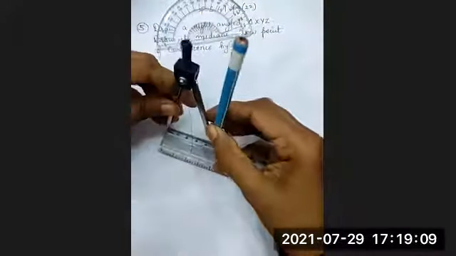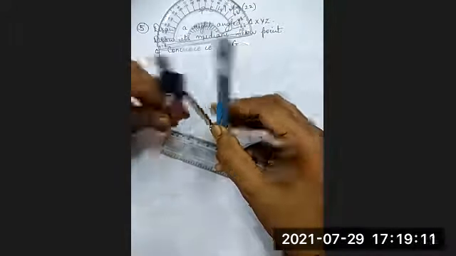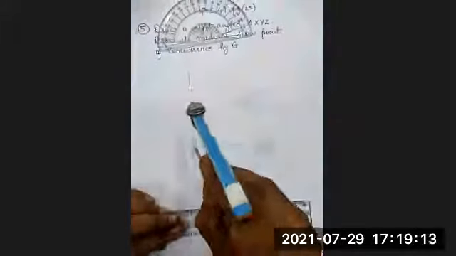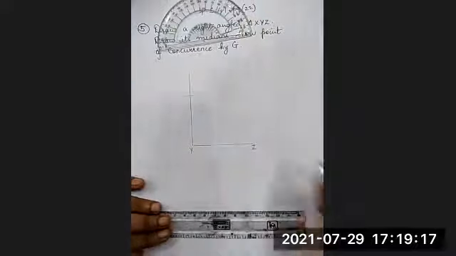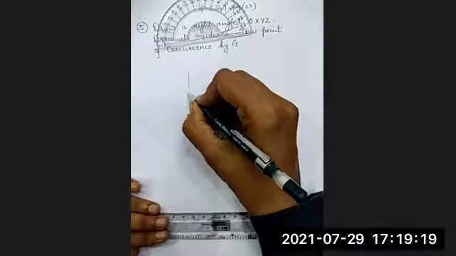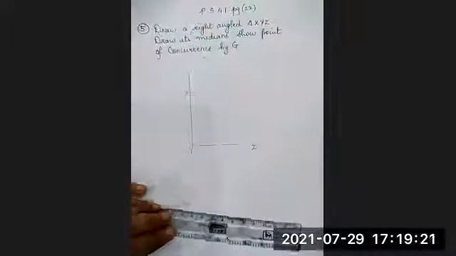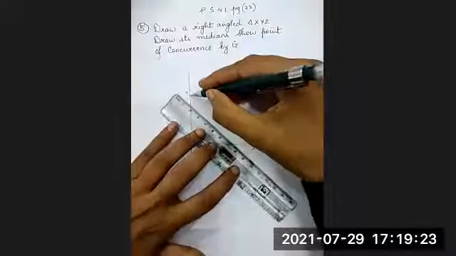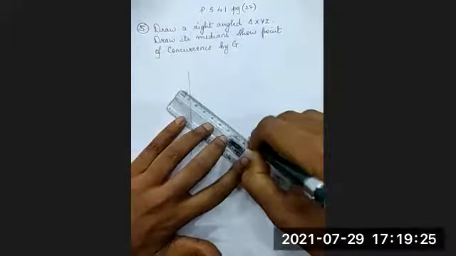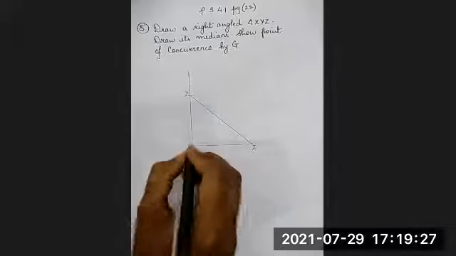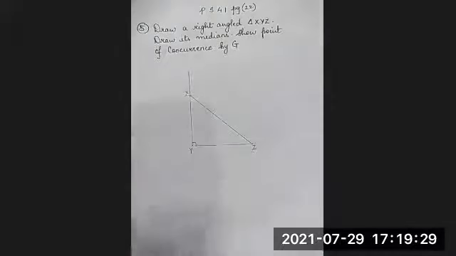Then I will measure 5 centimeters in my compass, keep it on point Y, and make an arc like this. So this is my point X. And I will join XZ.